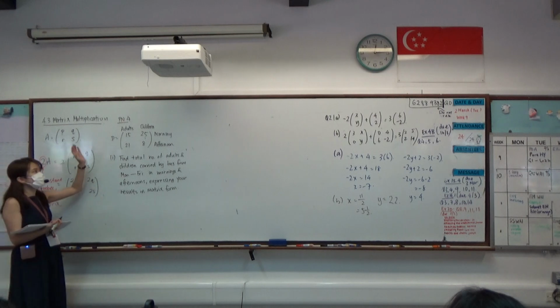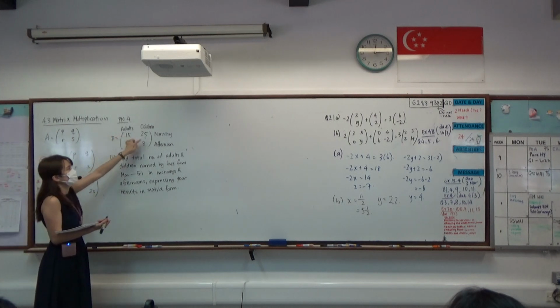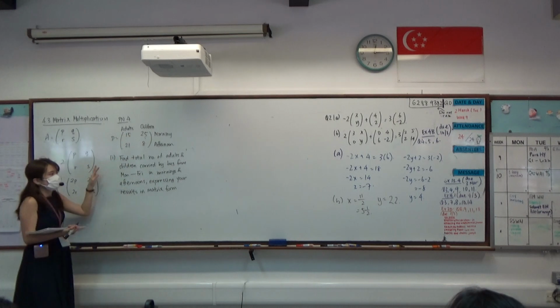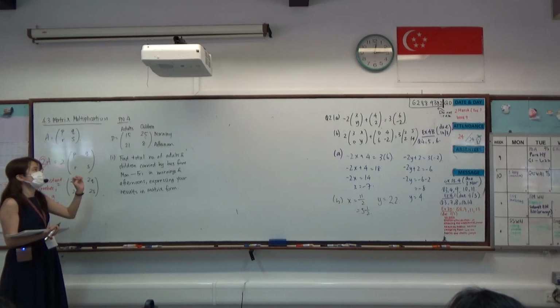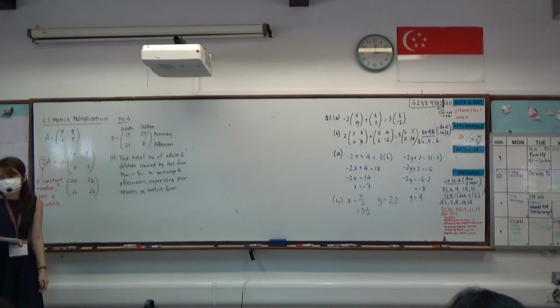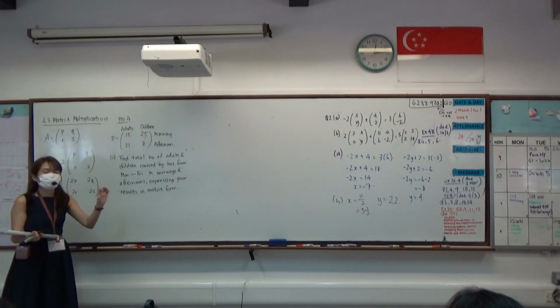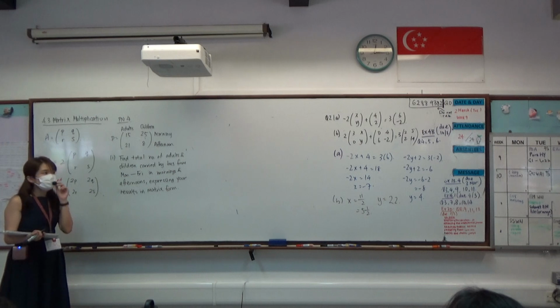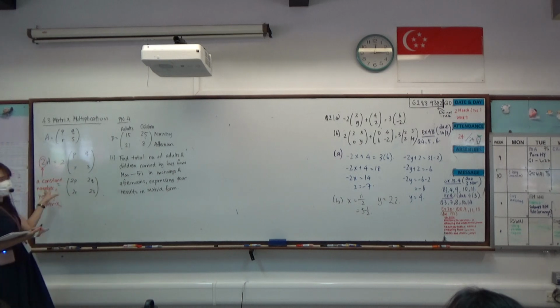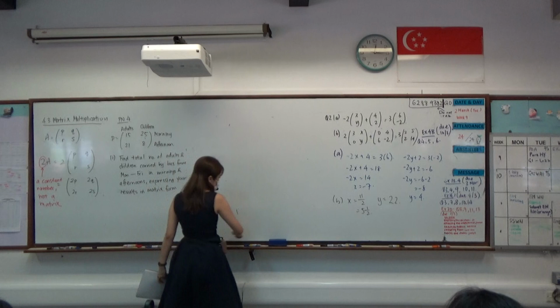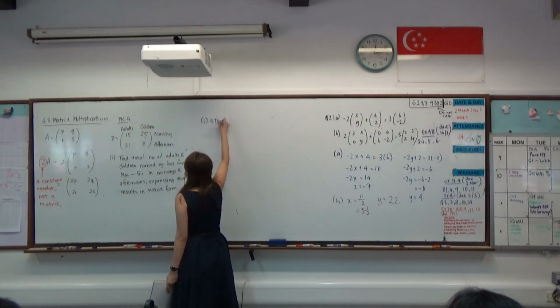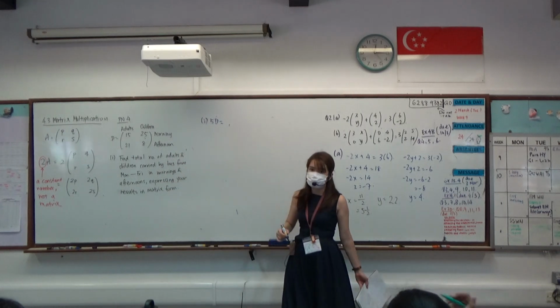To understand this matrix, the number of adults in the morning is 15, children in the morning is 25, and so on. So 5 days means that for every element I need to times 5. It will be a very silly thing to do if you extract out the number and then times 5 individually and then put it back into the matrix. We understand the idea of multiplication already. So what we can do instead is that we are looking at 5D as a matrix.